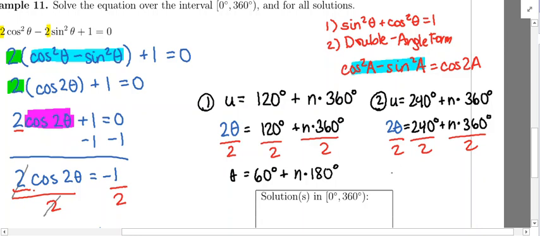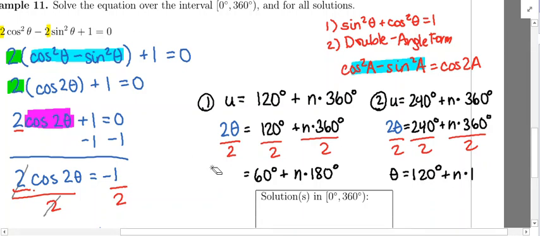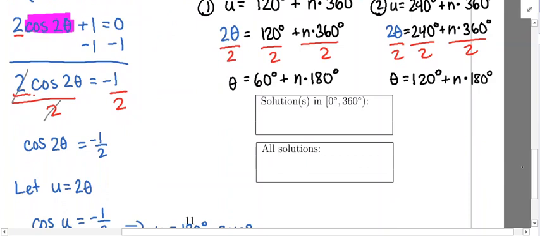For the other equation, theta is equal to 120 degrees plus n times 180 degrees. These two statements are our general statements. This is how you generate all solutions.